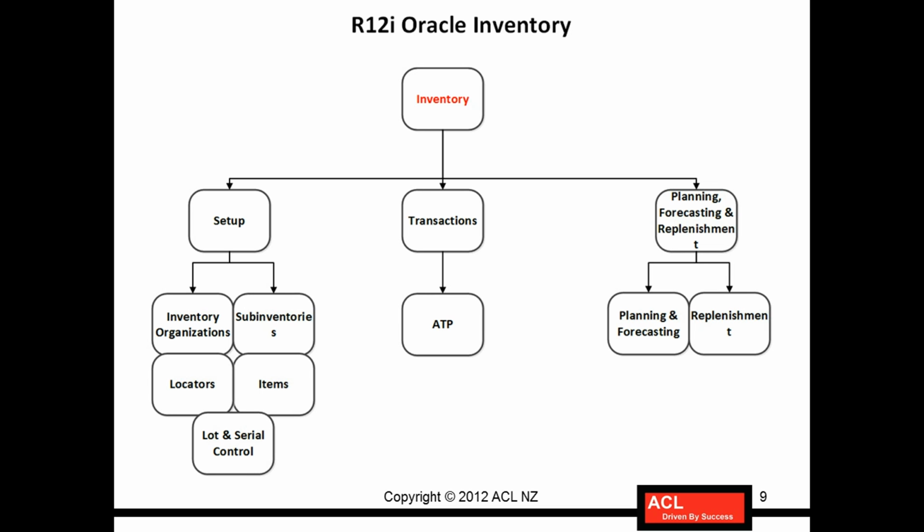Alright, so you basically start by setting up your inventory organizational structure in the Oracle Inventory module. So what's an inventory organization structure? An inventory organization structure could include your manufacturing centers, your distribution centers, or your physical warehouses themselves.